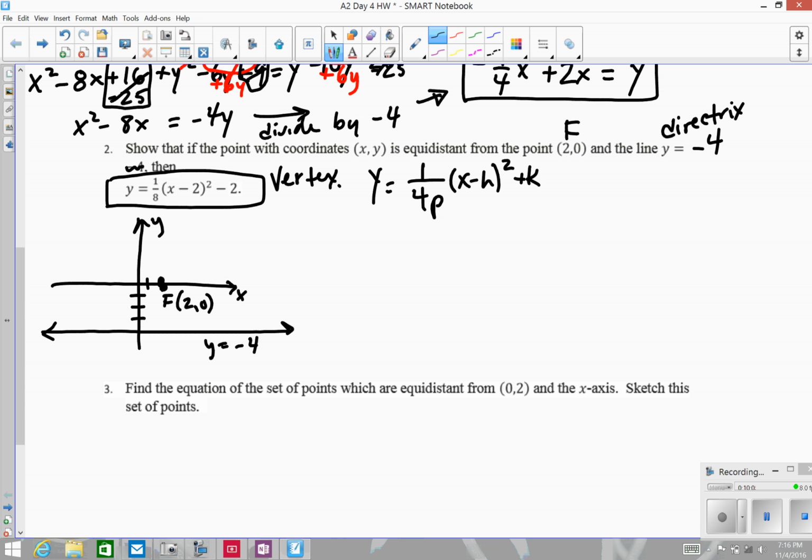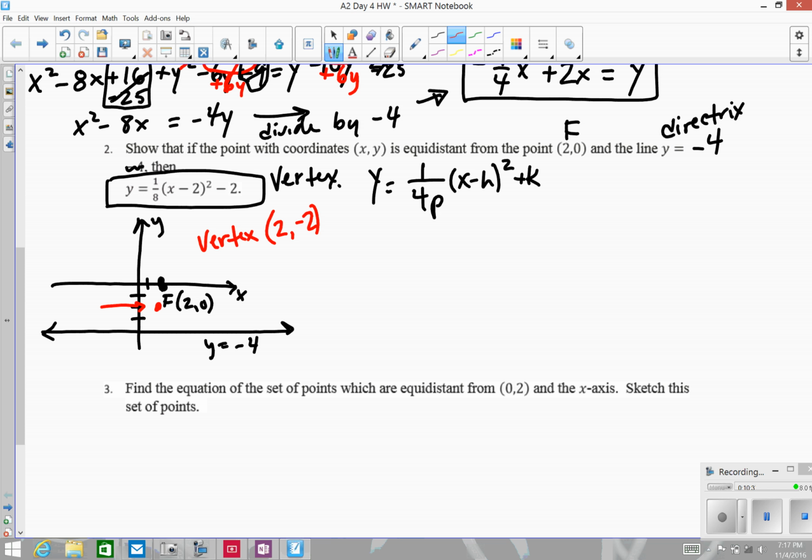And the vertex is going to be right in between this focal point and the directrix. So the distance between these 2 points looks like it's 4 total. Halfway would be here at negative 2. So my vertex, actually I'll write it on the right-hand side of the sketch, looks like it's going to have the points 2 over to the right on the x-axis, and negative 2 on the y-axis.